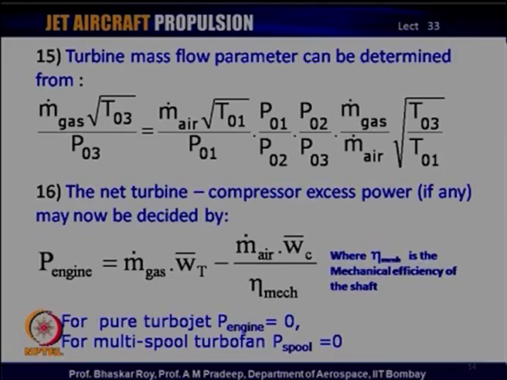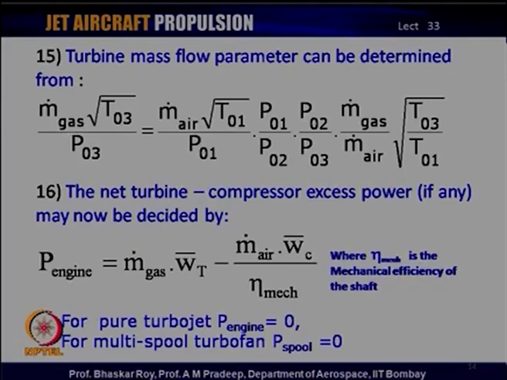Now, for a pure turbojet engine, it is necessary that at every instant this net turbine compressor power is 0. That means there is no net power that needs to be catered to, and there should be exact matching between the turbine and the compressor. In the case of a multi-spool turbofan engine, for each spool, LP spool as well as HP spool, the net power should be 0.